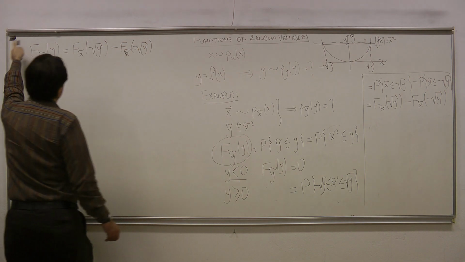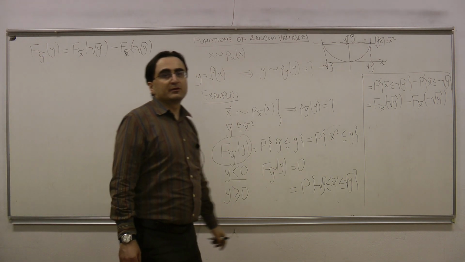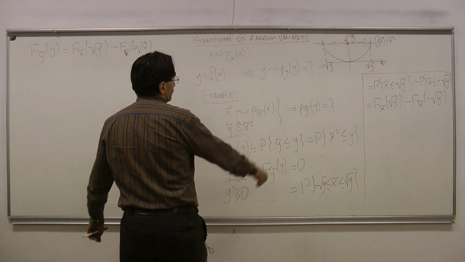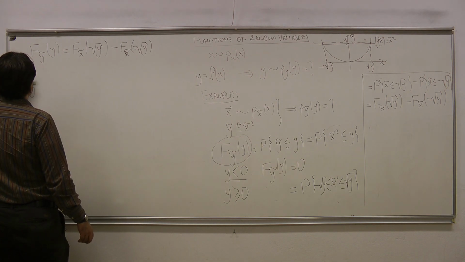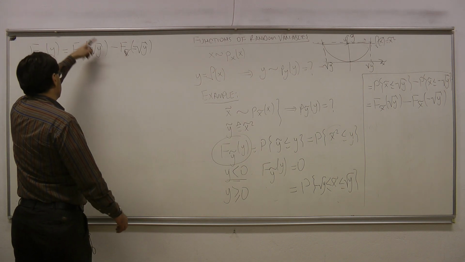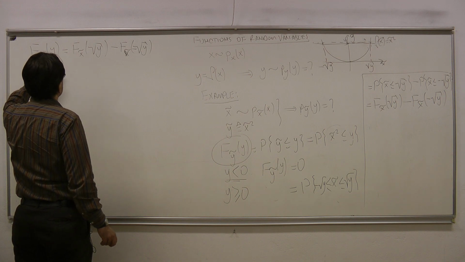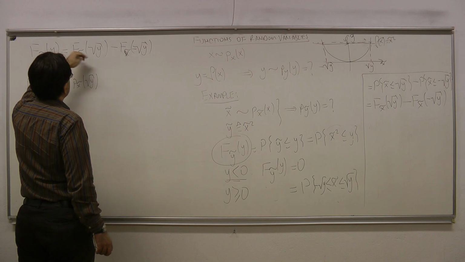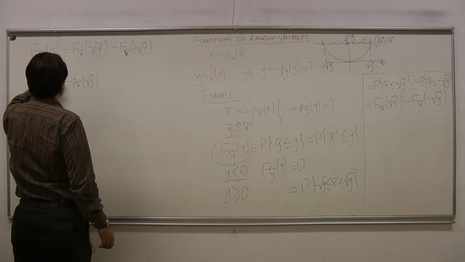Then if I take the derivative of this cumulative distribution function on the left with respect to y, I would obtain the density function of y tilde. P of y tilde of y is equal to the derivative of this function, which is going to be the density p of x tilde at square root y, times the derivative of the inside, 1 over 2 square root y.